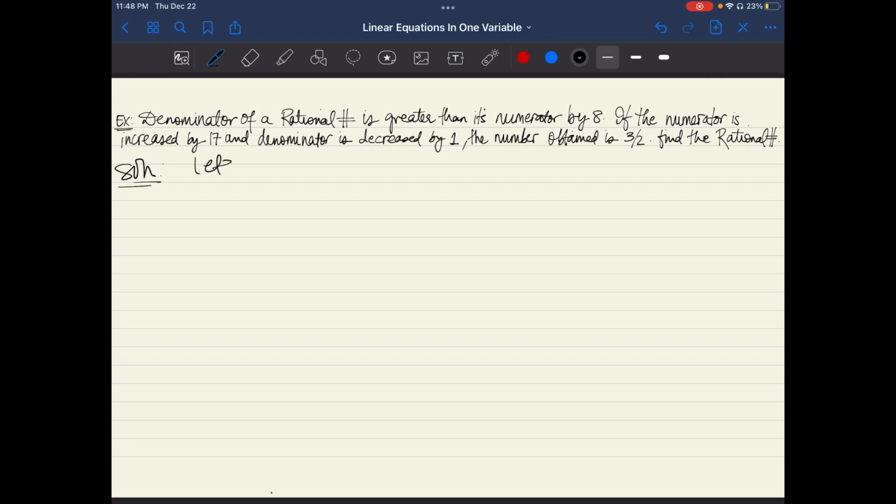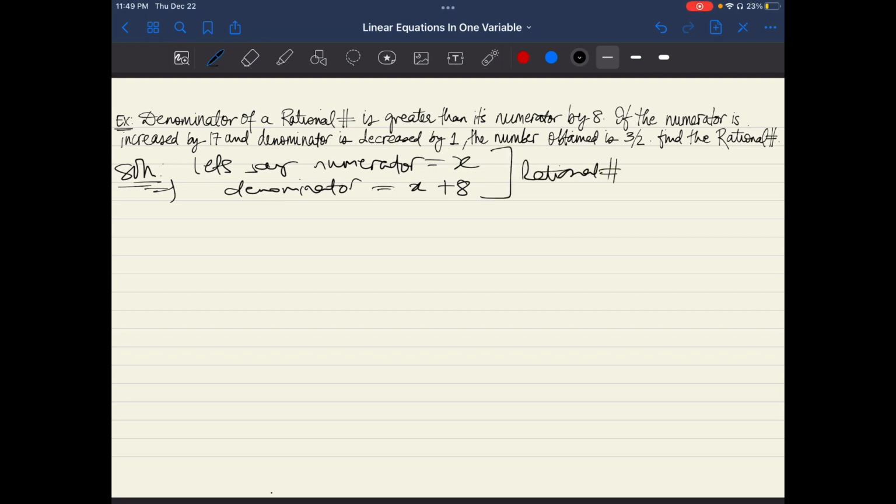Let's say that the numerator is x, which implies denominator is x plus 8, right? So technically our rational number, according to that, would look like x over x plus 8, correct?